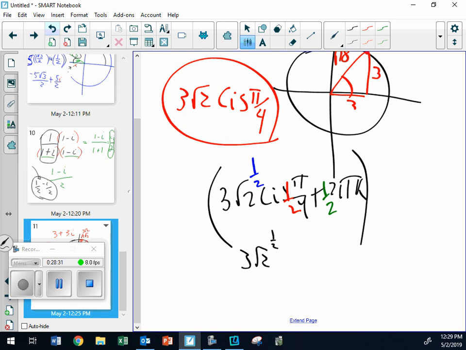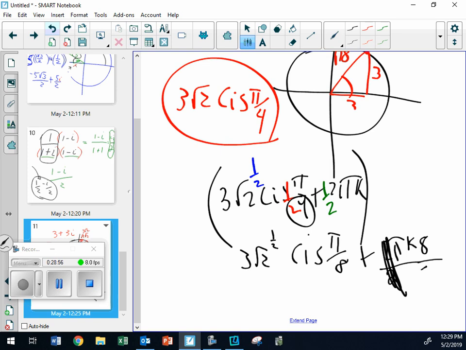So then I'm going to say cis, and then I'm going to say pi over 8. Why? 2 times 4 makes 8. Plus 2 pi k over 2, and I can make that a lot simpler by canceling those 2's off. It's just pi k. That's kind of cool. But I'm going to even change it a little bit. I'm going to make it 8 pi over 8.